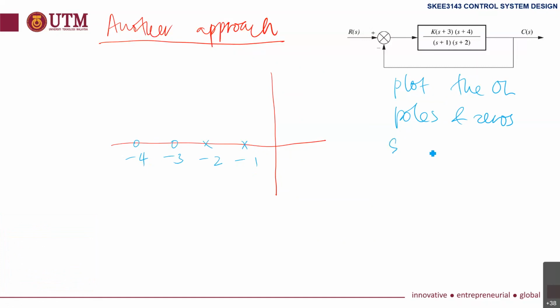We want to test at s equal to minus 2 plus j3. This is the tested point. We want to test whether this is a closed loop pole or not. Then we take the point here, minus 2, j3.